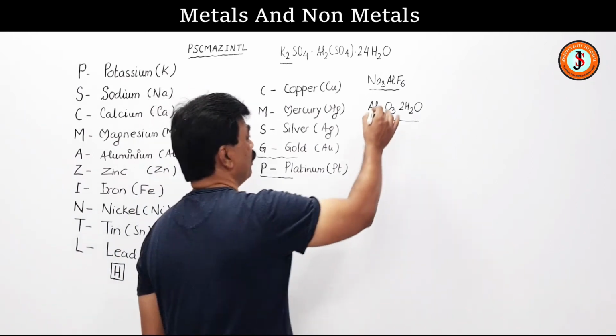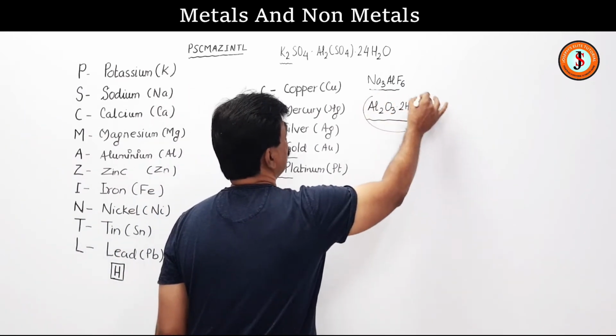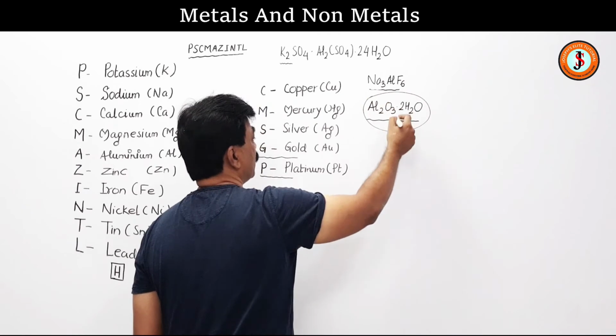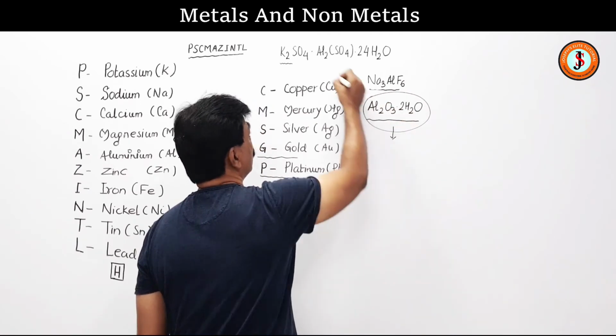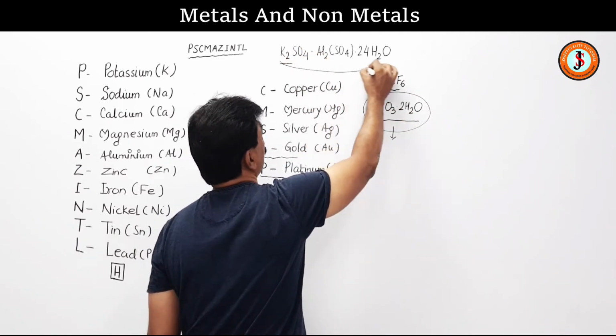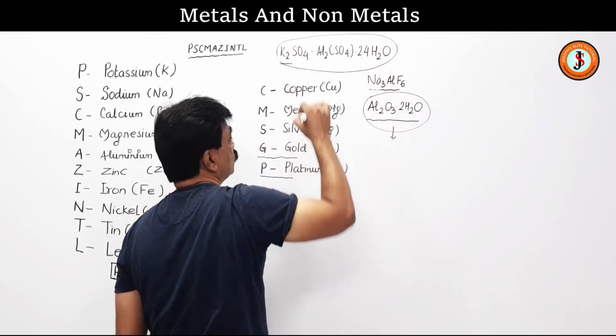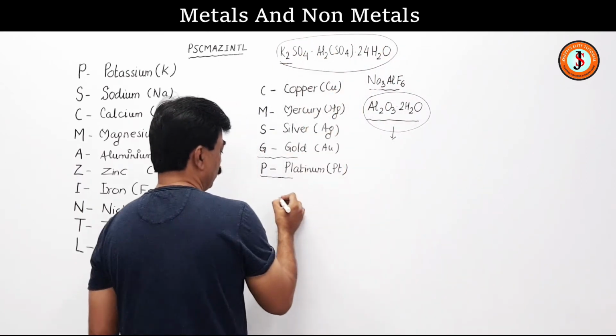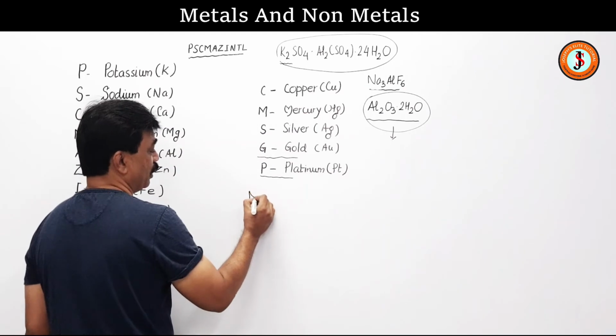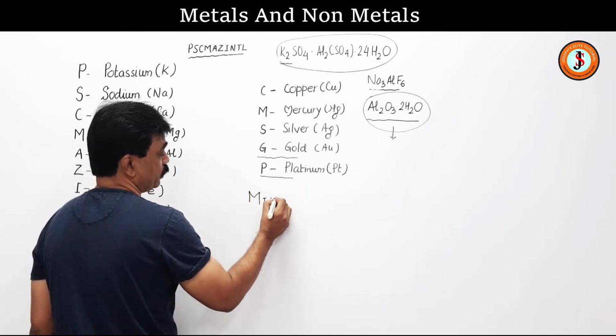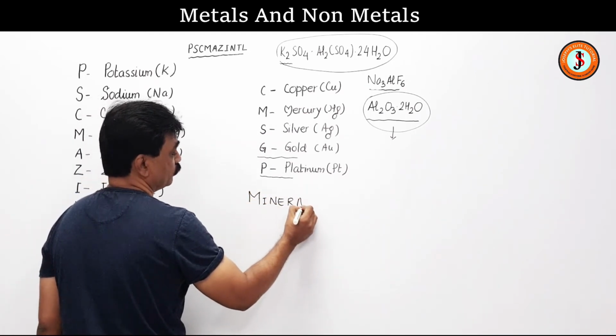For example, if I have to extract aluminum, I should extract it from bauxite. It will be much easier than extracting aluminum from potash alum. So a comparative term now comes: mineral and ore.